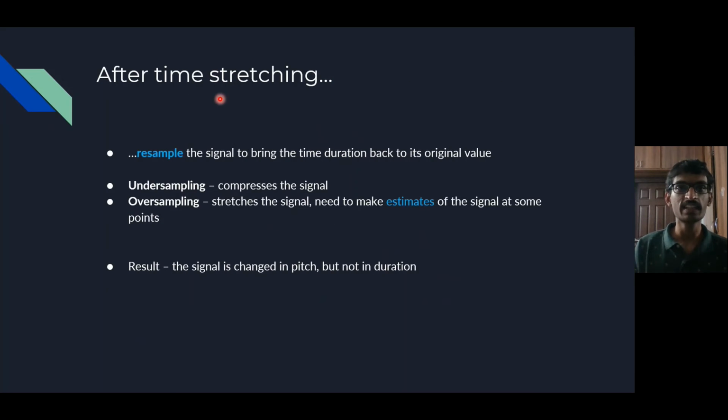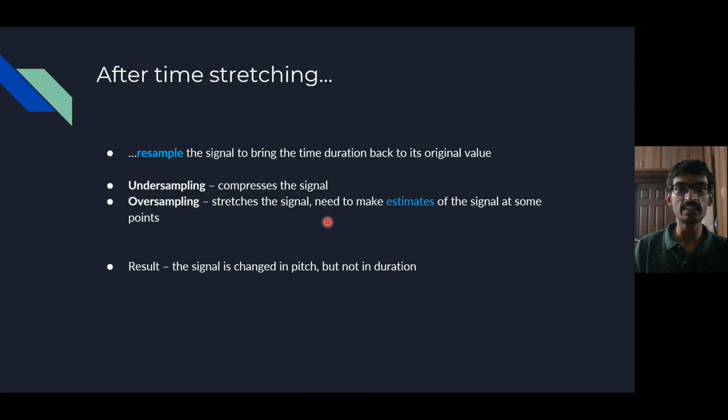After you time stretch, then what you can do is resample the signal and bring the time duration back to its original value. And of course, in the process, the pitch of the signal will get changed as well by the specified amount. So if you want to compress this signal, then you need to undersample it, and if you want to stretch the signal, you'll need to oversample the signal.